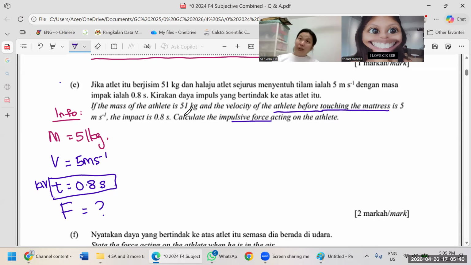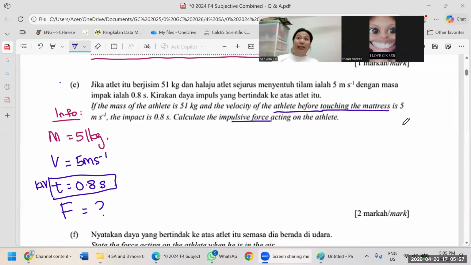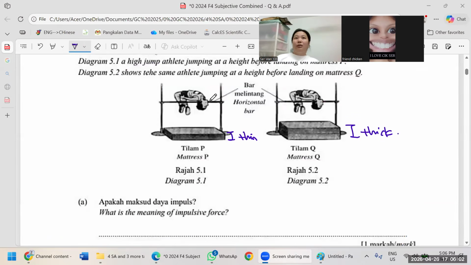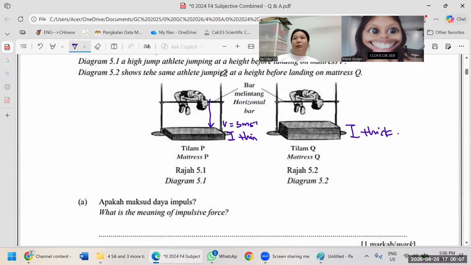What is the formula? Please write the formula first. Yes, before it stops. So that means when it goes to maximum height, then it will be free fall. Free fall means u equals 0.